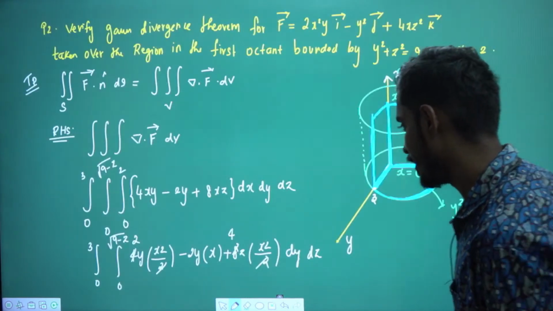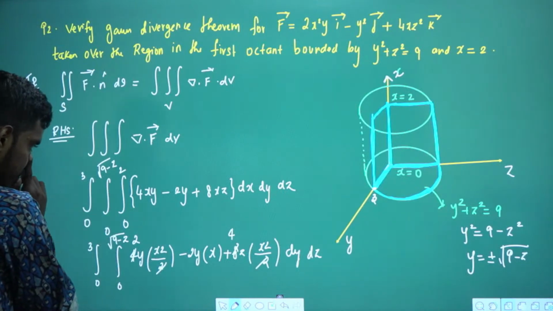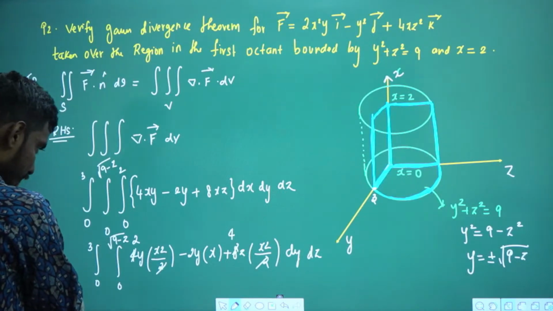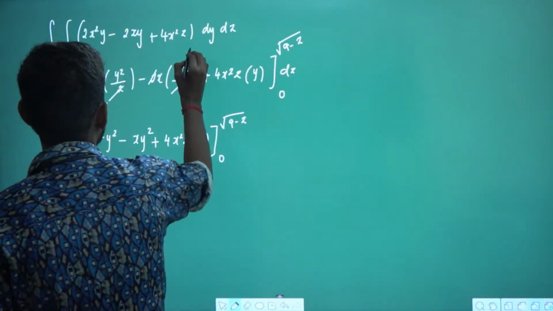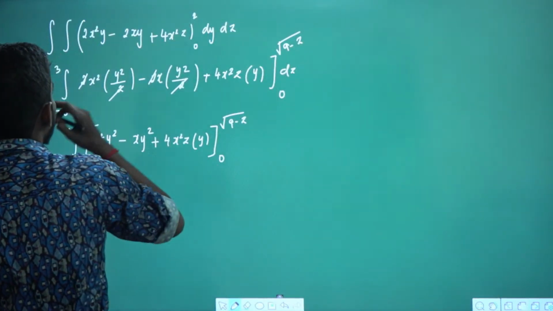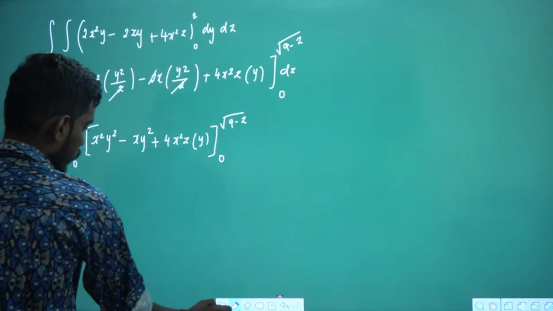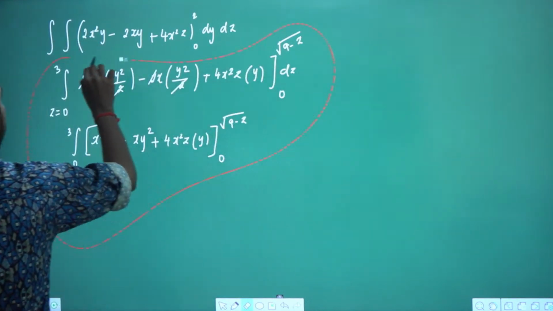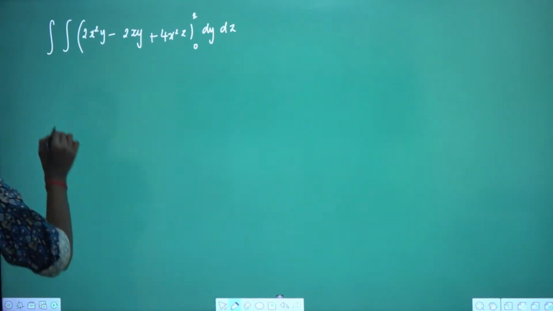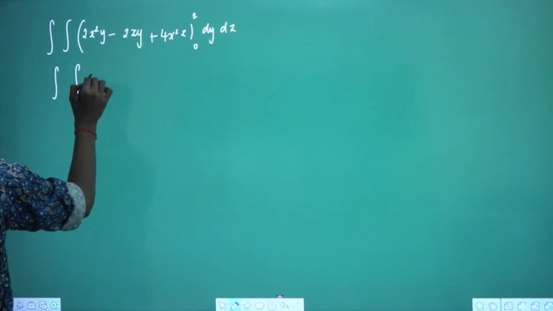So x limit is 0 to 2. So this x varies from 0 to 2. I forgot to substitute x limits. Before that, I have integrated with respect to y. So this will be, the upper limit is x square.